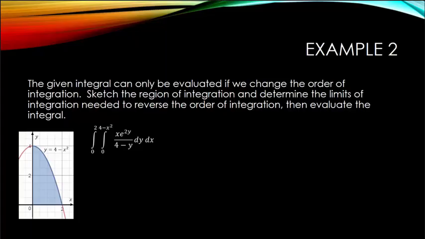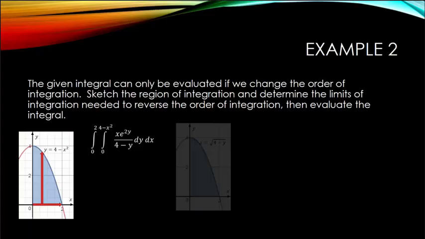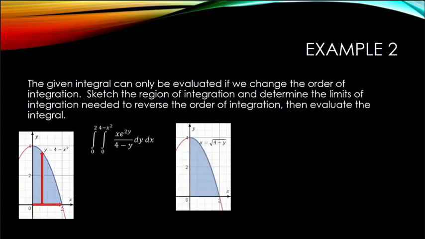The given order of integration asks me to integrate from 0 to 4 minus x squared first, and then to integrate from 0 to 2 in x second. I need to swap those orders of integration. I'm going to redraw my region and rewrite my equation for my parabola as a function of y.